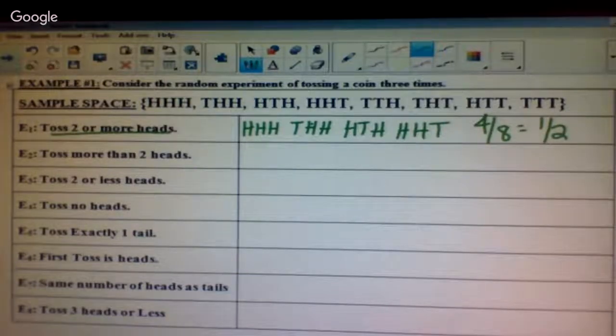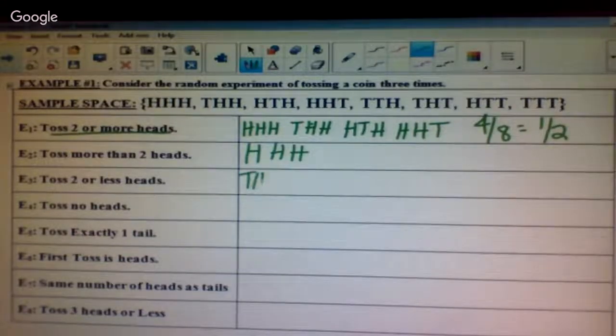What falls into toss more than 2 heads? HHH, that's it. What falls under the category toss 2 or less heads?